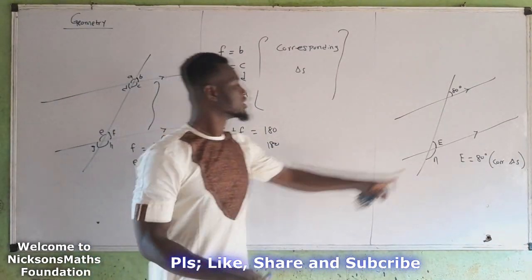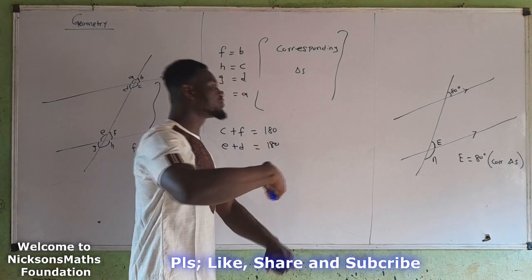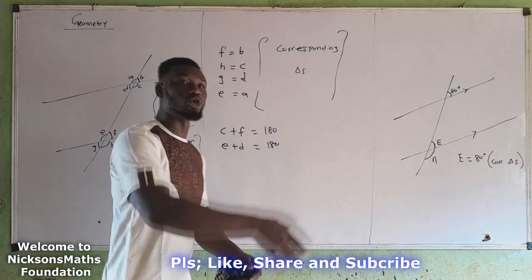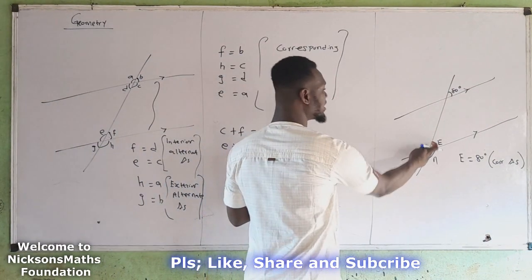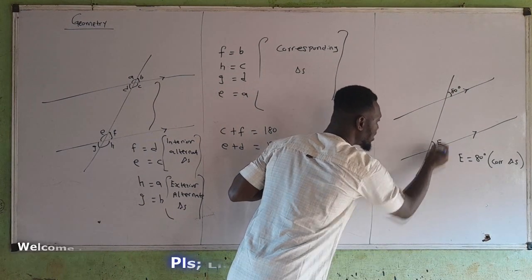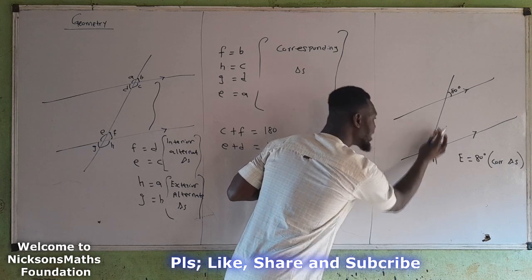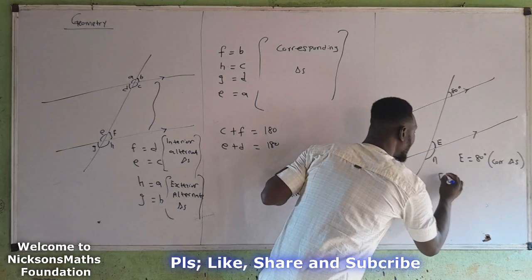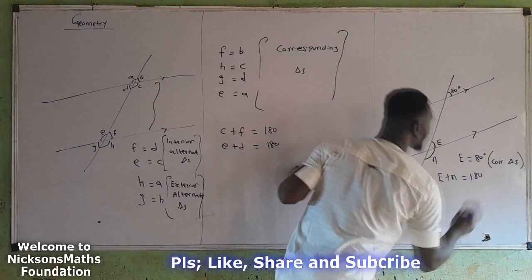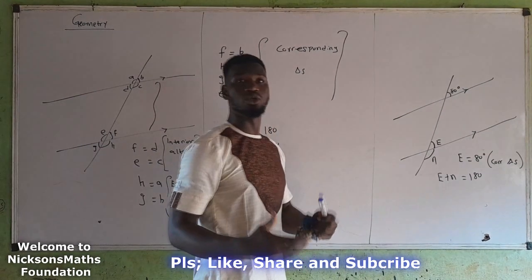Now, to get N is very simple. Remember in our previous video we said that the sum of angles on a straight line is equal to 180. That means angle E plus angle N are lying on this straight line. So angle E plus angle N equals 180, because the sum of angles on a straight line is equal to 180 degrees.